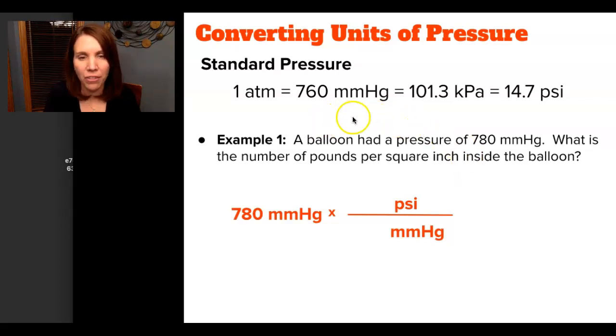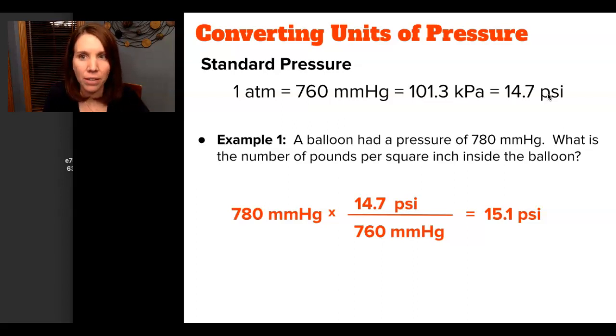Then I'm going to look at my conversion factor, and it says 760 millimeters of mercury is equal to 14.7 pounds per square inch. I'm going to type this into my calculator as 780 times 14.7 divided by 760, and that will give me 15.1 pounds per square inch.